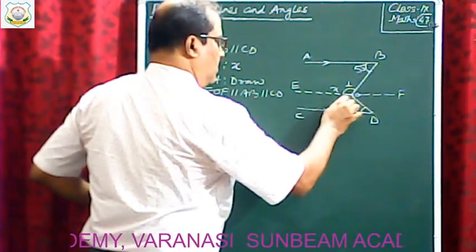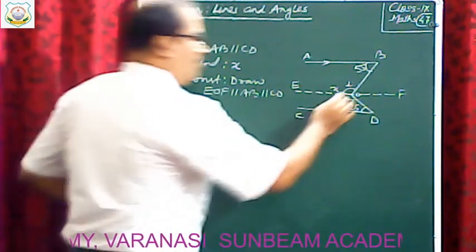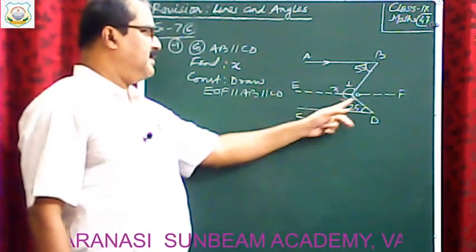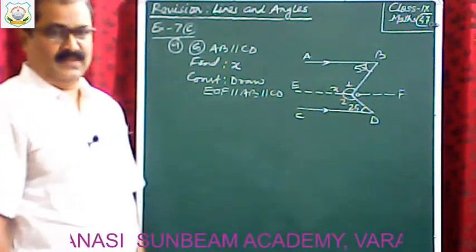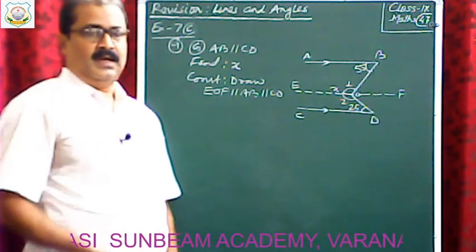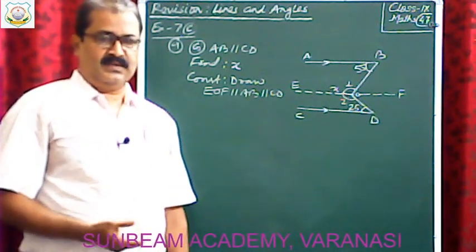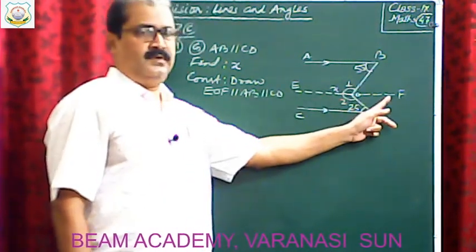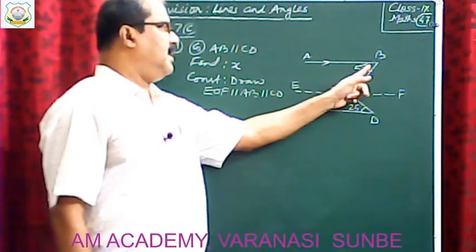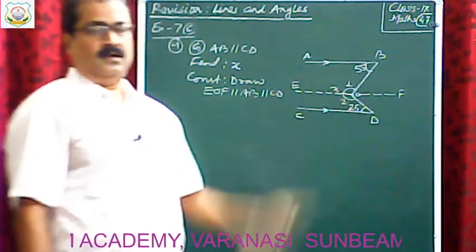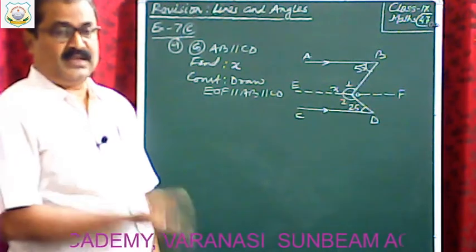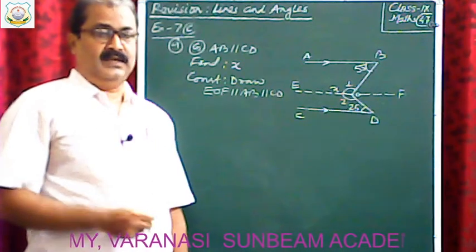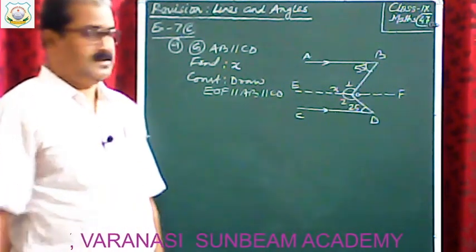So now X is divided into 2 angles, angle 1 and angle 2. This whole angle X is divided into 2 parts, angle 1 and angle 2. You have to find angle 1, angle 2 one by one, and sum of angle 1, angle 2 is the value of X. So how to find out? Very simple. AB parallel to EF. These 2 lines are parallel. Then angle B, angle 1, these are the angles on the same side of transversal, and their sum is 180 degree, known as co-interior angle, consecutive interior angles, isn't it?